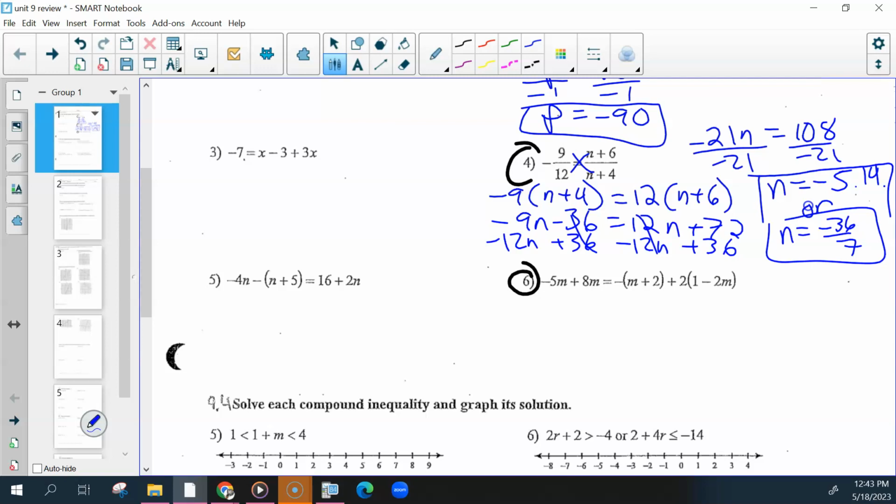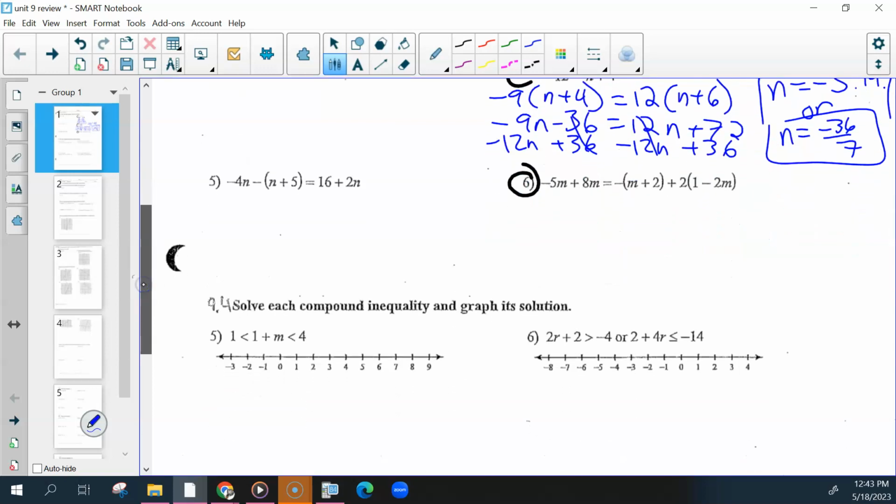Right? Number 6, it's basically already in this stage. You just have to distribute and combine the terms. So here we can combine both of these, get 3m. Here we have to distribute. So -m minus 2 plus 2 minus 4m.